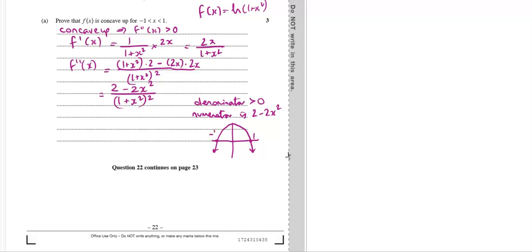There's 1, there's minus 1, but for x squared less than 1, synonymous with saying minus 1 is less than x is less than 1, then the numerator is going to be positive. So if the numerator is positive, the denominator is always positive, then the second derivative is always positive, i.e. concave up as required.